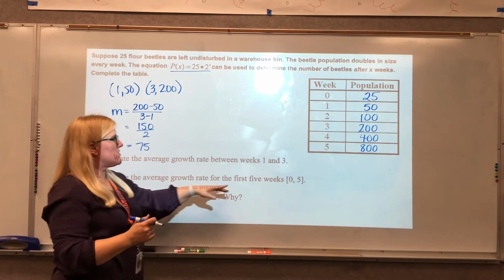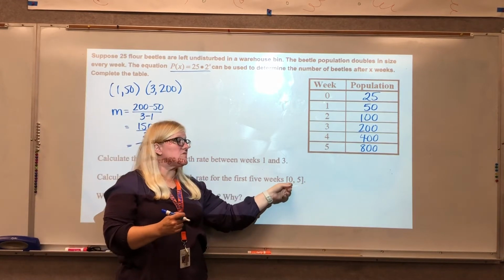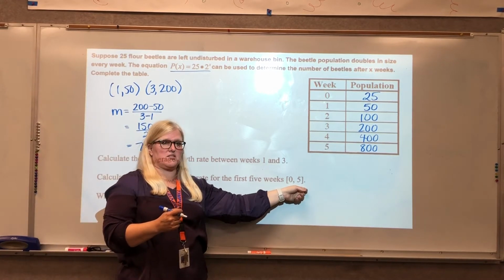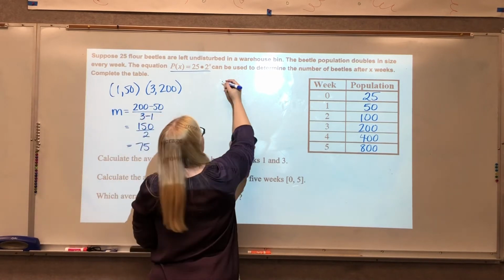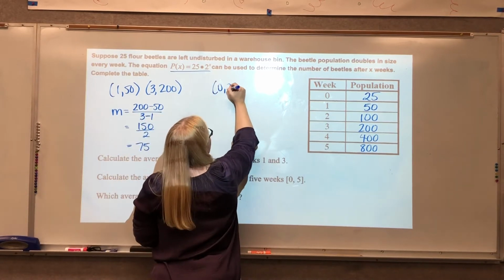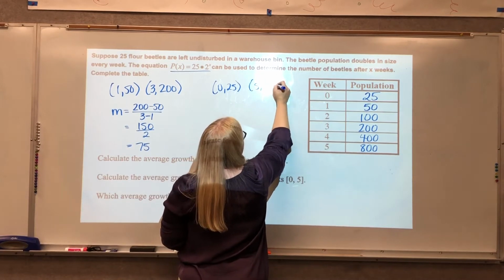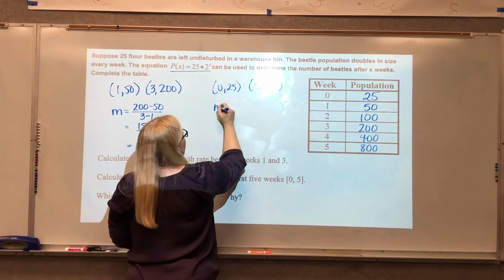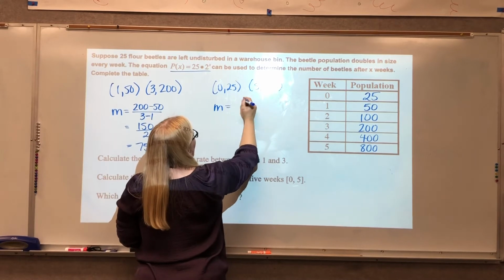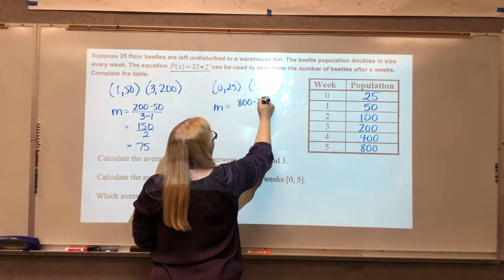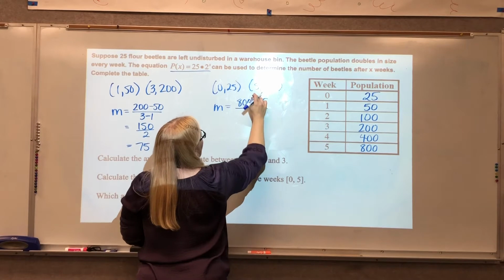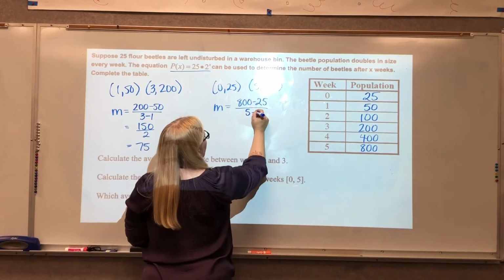What about this interval? We're going to go from 0 weeks to 5 weeks. So we have 0, 25, and 5, 800. I'm going to find the slope, so I have y minus y, or 800 minus 25, over x minus x, or 5 minus 0.